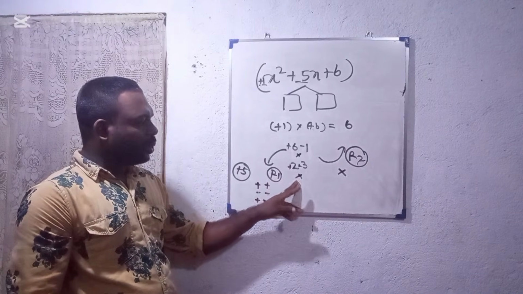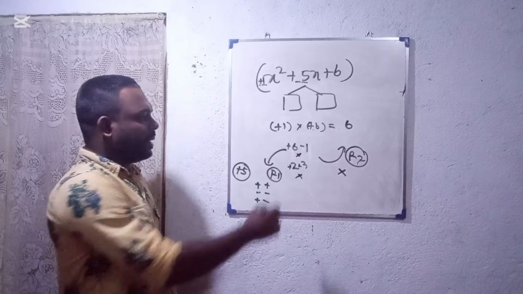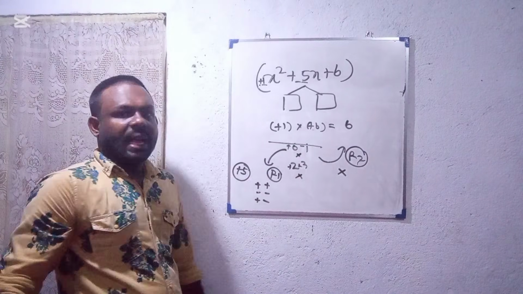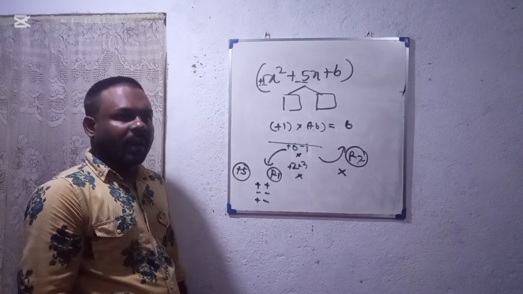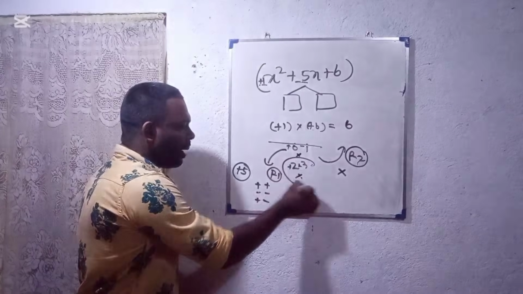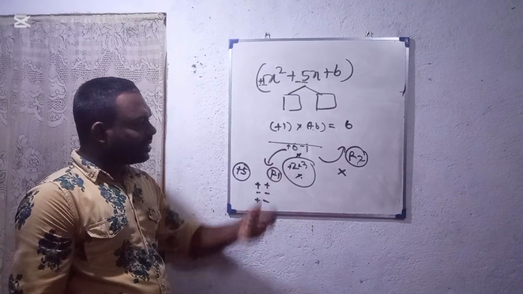Here plus 2 times plus 3 gives plus 6. Yes. The other pair gives minus 6, so I remove that one. Here this is the suitable pair: plus 2, plus 3.